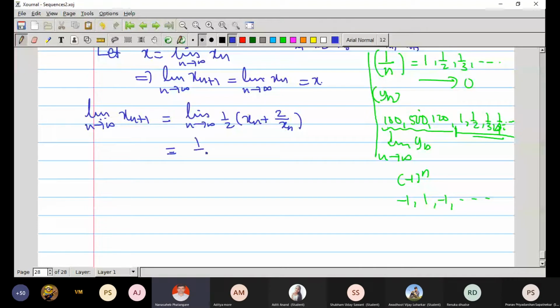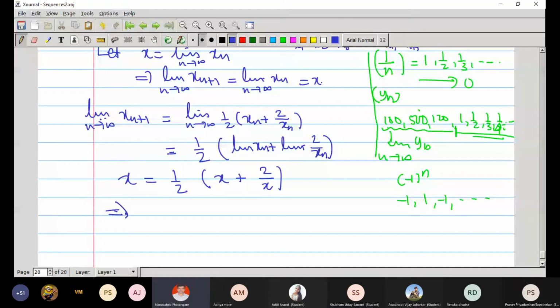Root 2. 1 by 2 limit of xn plus limit of 2 upon xn. Right. But the limit of xn plus 1 is x, half. And the limit of xn is also x, plus the limit of 1 upon xn is 1 upon the limit of xn. So the algebra of limits you can use here. Correct?